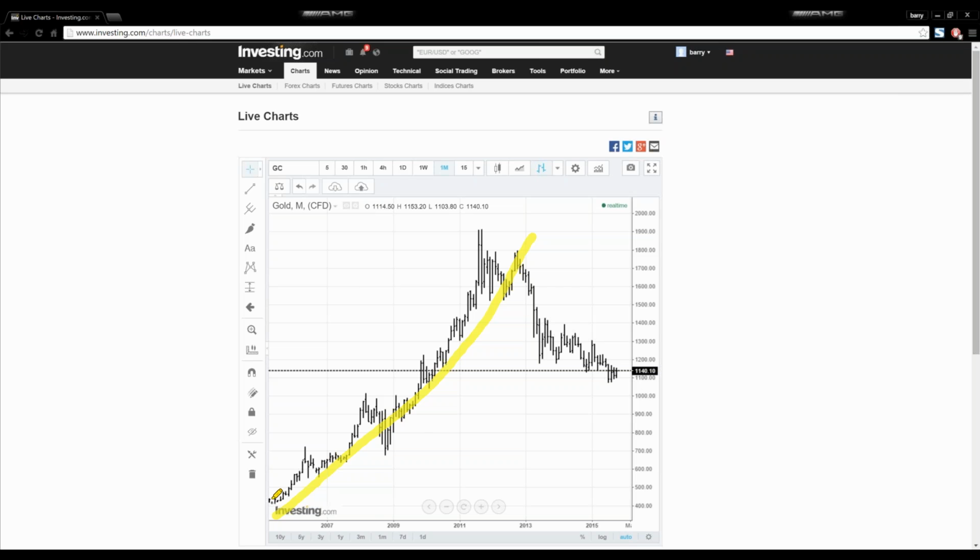But when we look at it from 2006 forward, it's still in a very strong uptrend today. Now we can see it peaked here, and then it's been in a downtrend since 2012. Did you realize that? That gold has been steadily declining since 2012? Well, it has been. Now you have a better perspective and better understanding of how gold is currently trading.